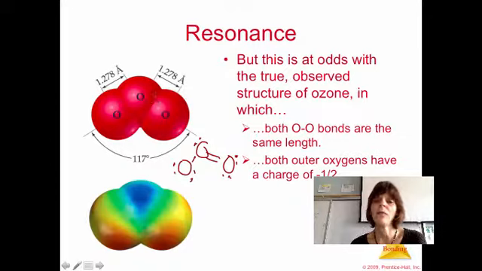You have equal bond lengths between all of the oxygens, and the distribution is equal amongst all the atoms.